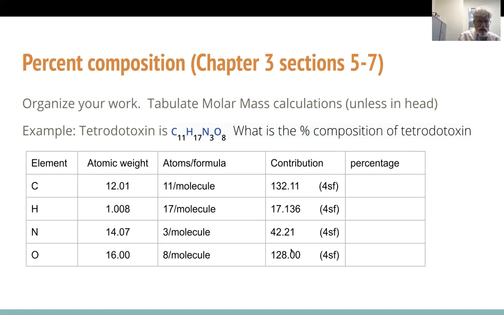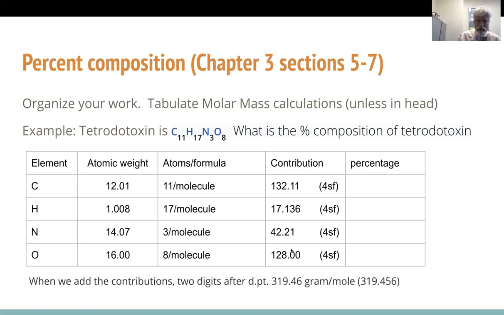Well, I always go to the least number of digits after the decimal point. And so my answer, correctly rounded, and I've actually made an error here, correctly rounded is 319.5 grams per mole. Oh, because I can only have one digit after the decimal point in the sum of these things.